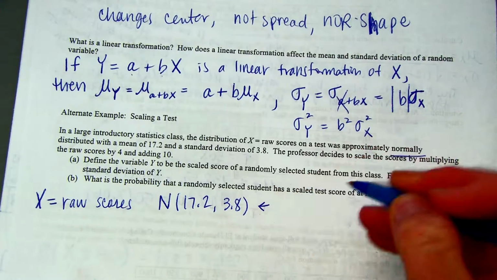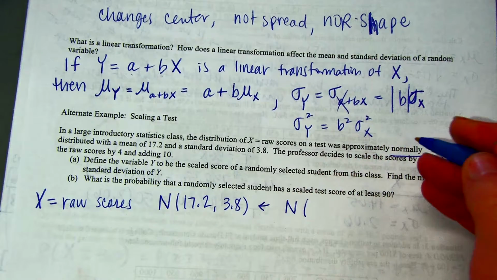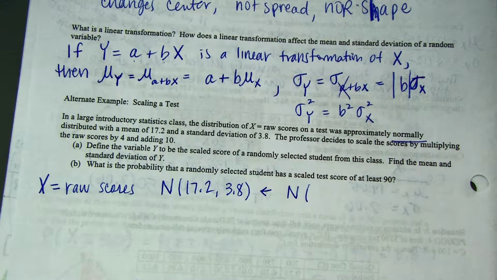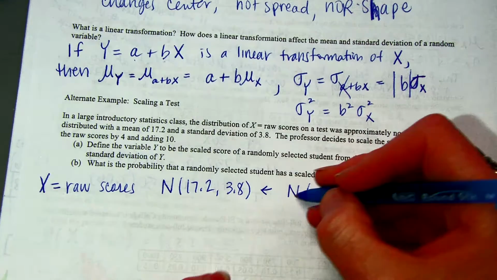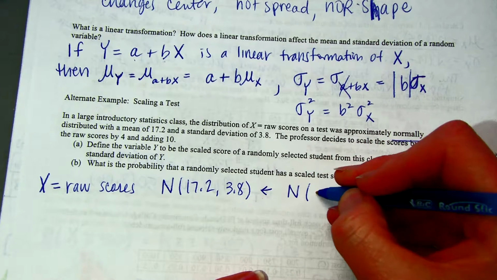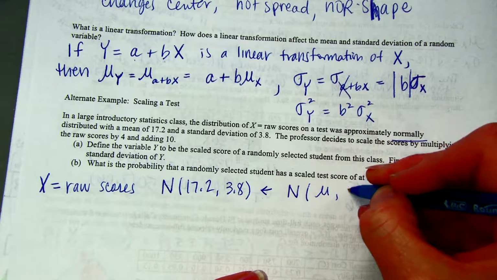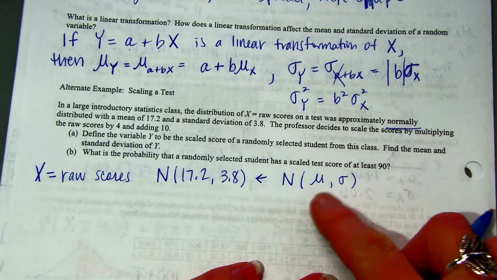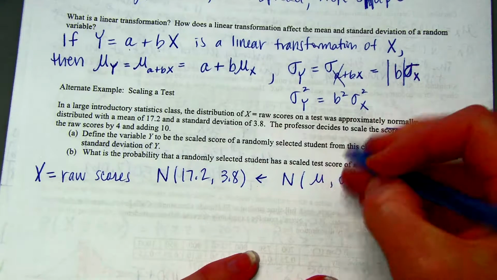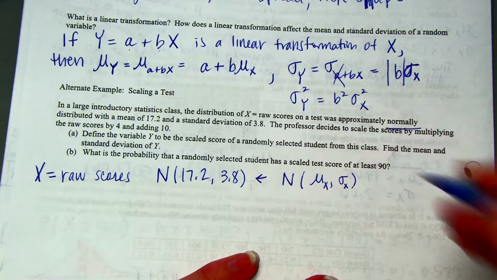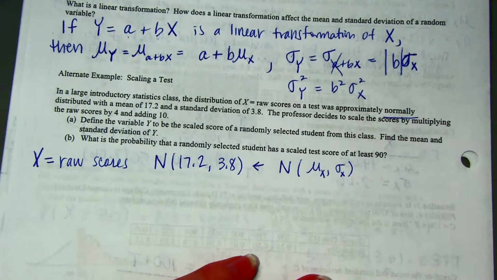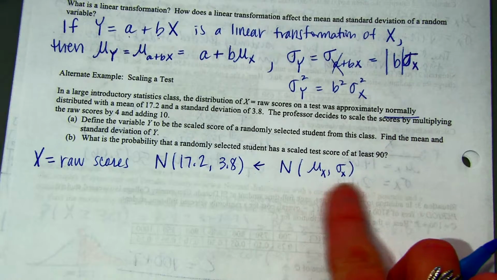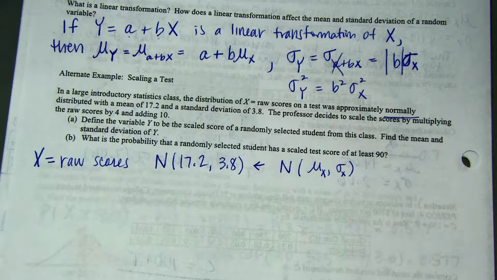Remember that if I was just talking about a list of data, we would write N, and then we would write mu, comma, sigma. So I'm not doing anything different here, except now that I'm specifically talking about the mean of x and the standard deviation of x, I want to make sure to use my descriptive subscripts just to keep things straight for myself.